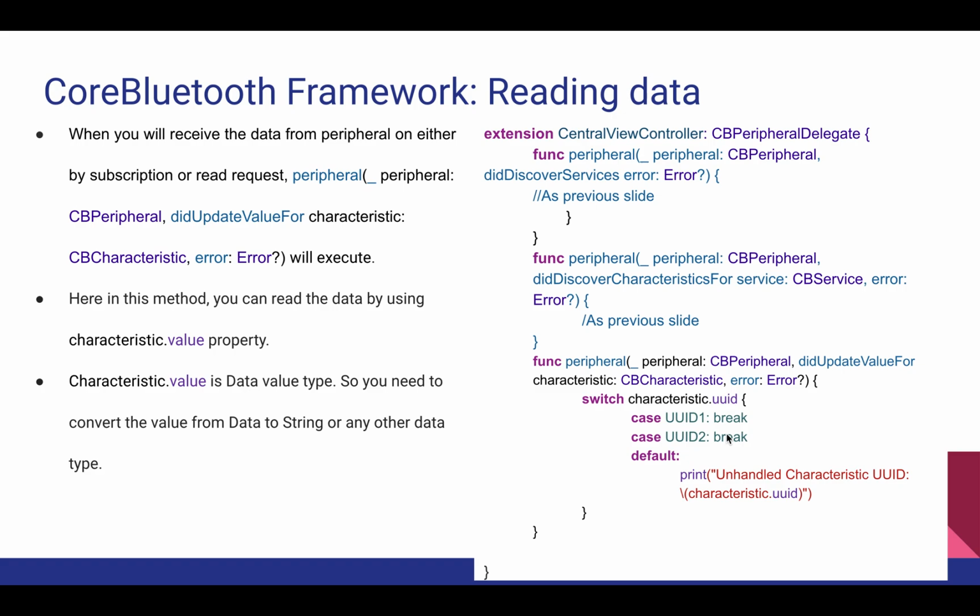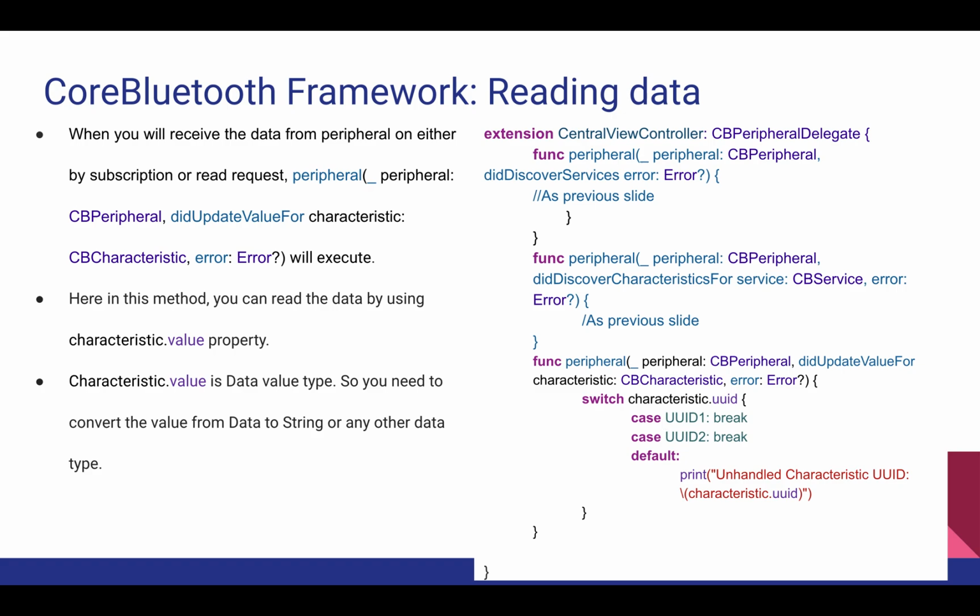So in both cases, whether you are sending the read request or the subscribe request, whenever the peripheral sends you the new value, the CBCentralManager will call this method didUpdateValueFor characteristic, right?